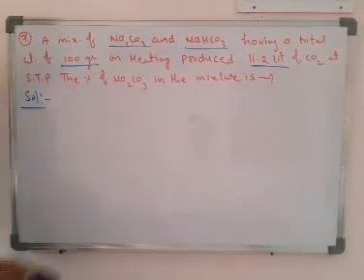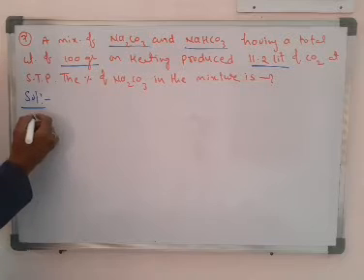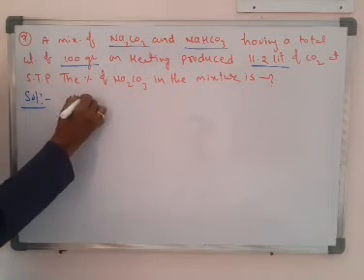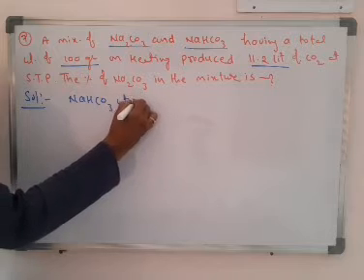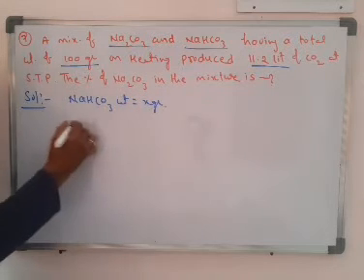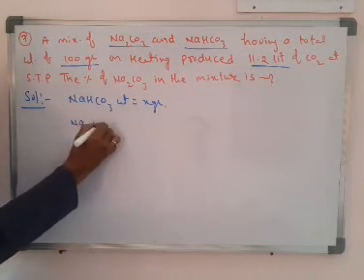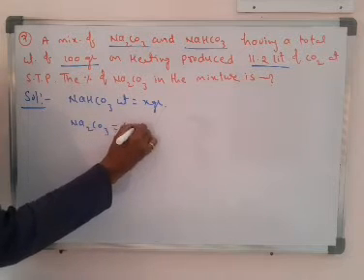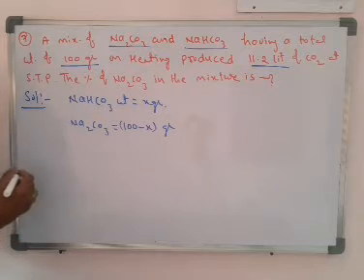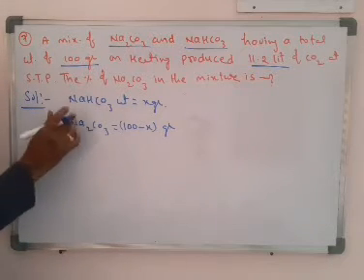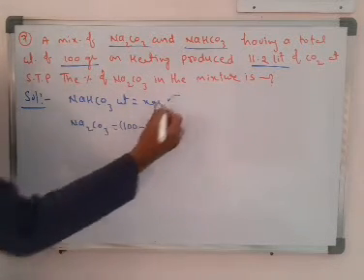Just take the weight of sodium hydrogen carbonate as x grams. Then the weight of sodium carbonate, with the total being 100 grams, is obviously 100 minus x grams. We know that on heating only sodium hydrogen carbonate undergoes the reaction.